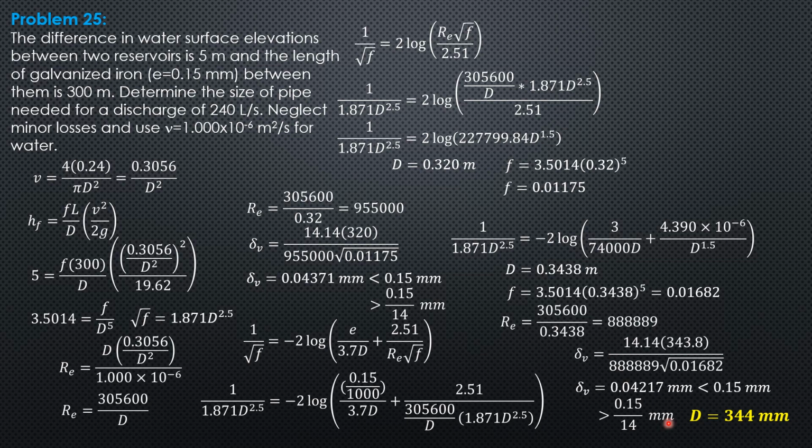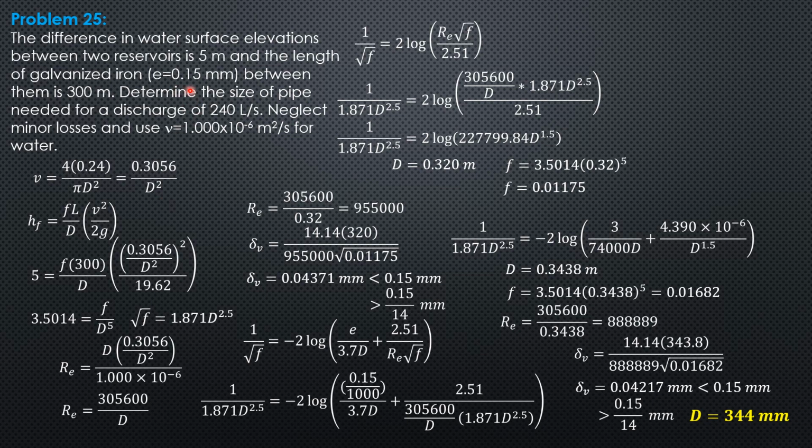So I hope that you are able to follow the solution. For these problems, it's a matter of assuming first. You may assume smooth pipe, then you always check if the assumption is correct by computing the nominal thickness of the viscous sublayer and comparing it with e.